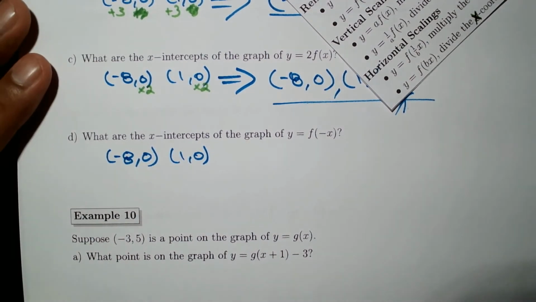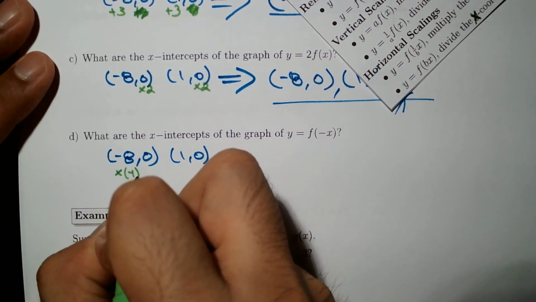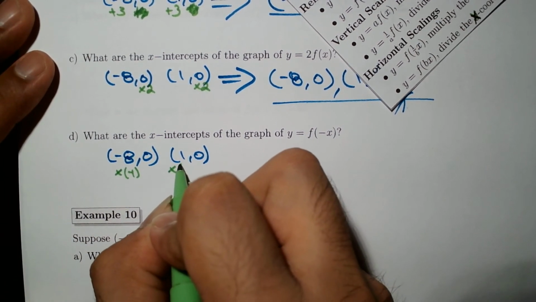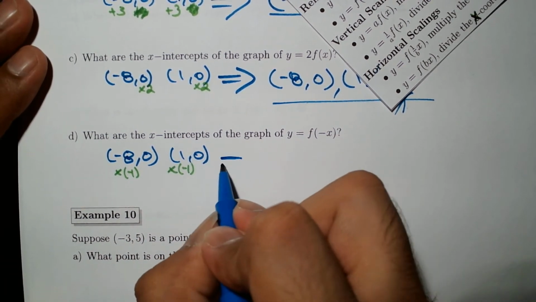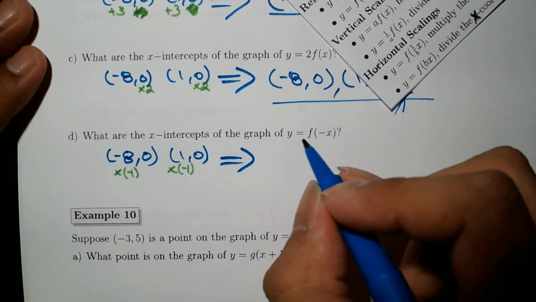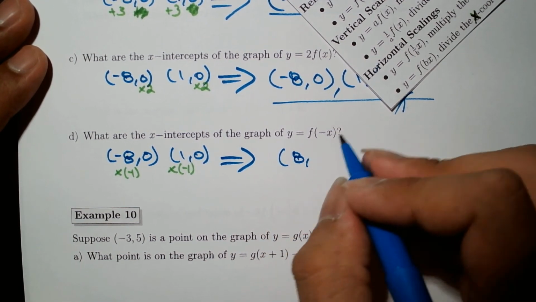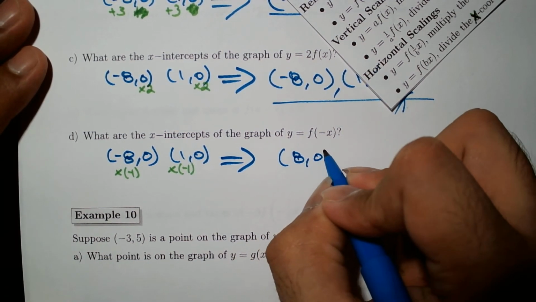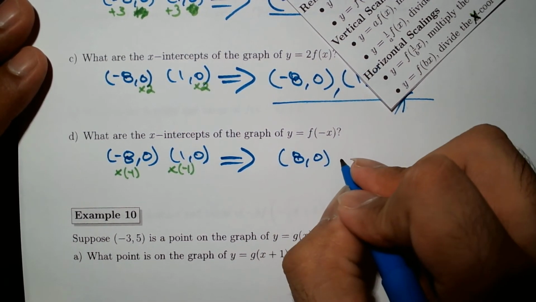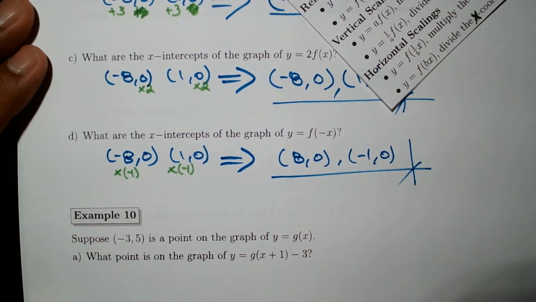So these are going to switch sides of the Cartesian plane. So this is going to go to (8, 0) and (-1, 0).